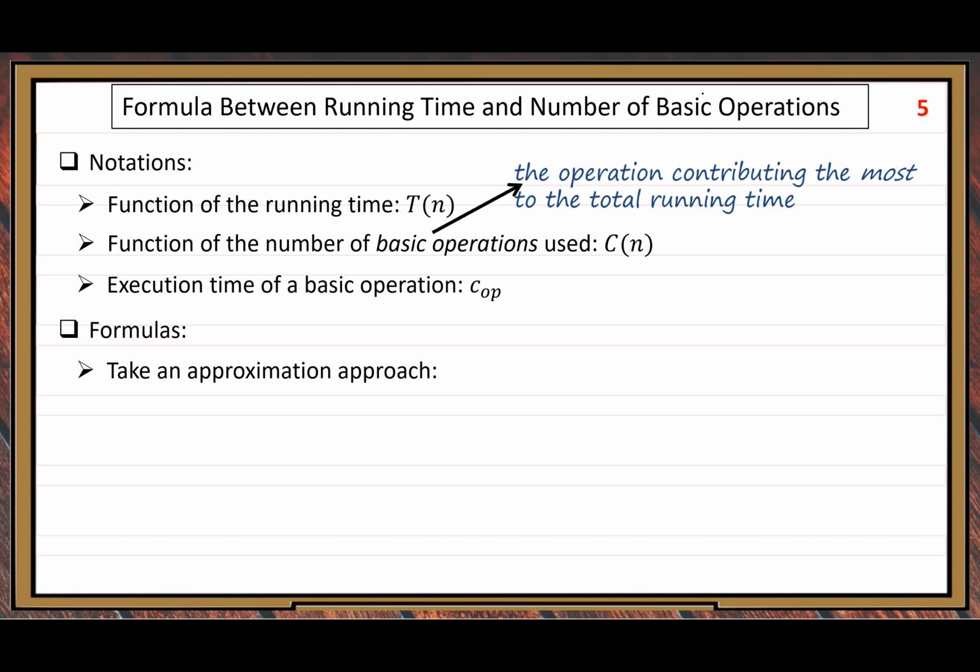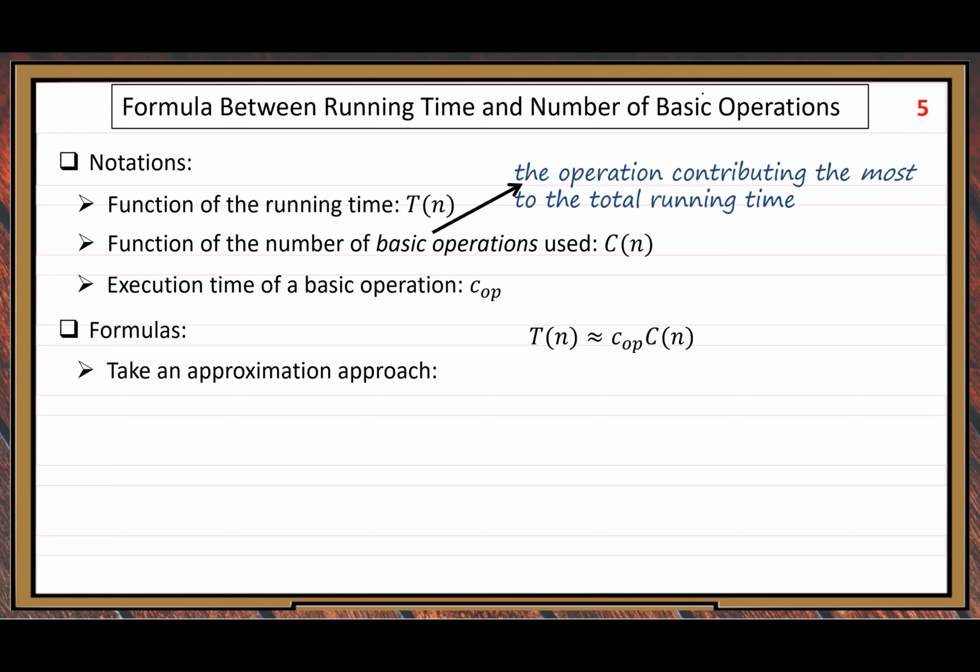But we take an approximation approach. They may not be exactly the same, but approximately equal. So T of n is approximately equal to c times capital C of n. A straightforward relationship.